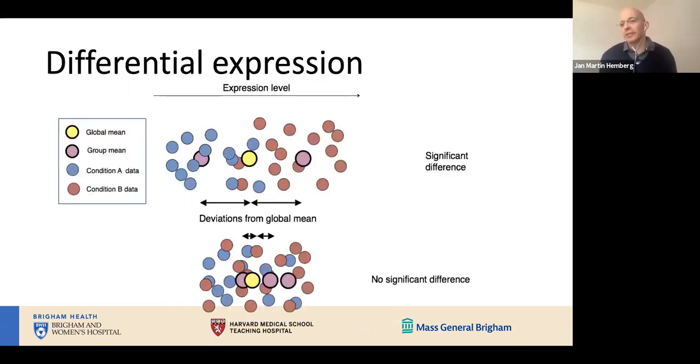Something related to these questions about marker genes is differential expression. This is arguably one of the most important applications of bulk RNA-seq, to identify the set of genes that are different between two samples. In the single cell world, it's more complicated than in the bulk RNA-seq world, because the groups that we want to compare are not defined a priori.